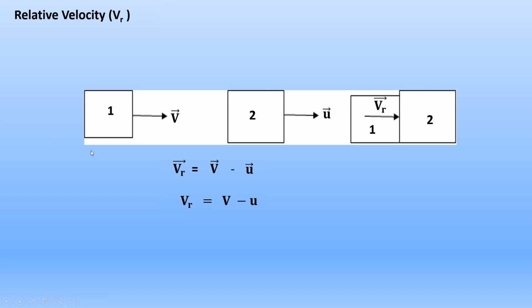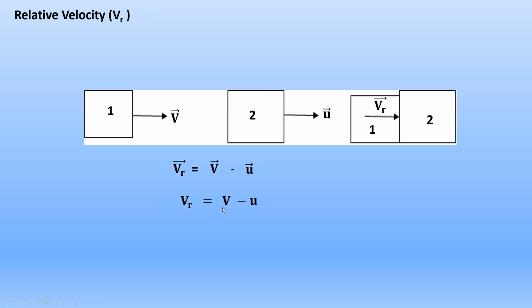Now in this last equation, vr is the magnitude of the relative velocity vr bar. V is the magnitude of the absolute velocity v bar.